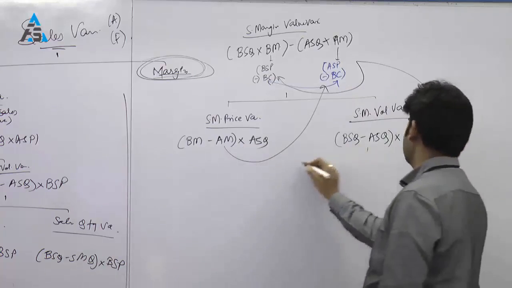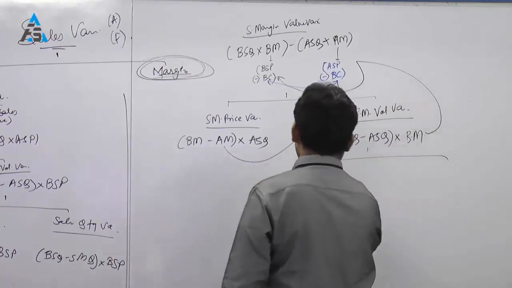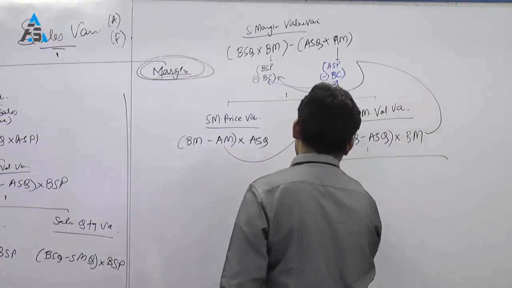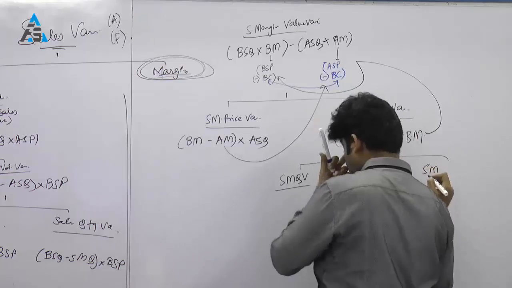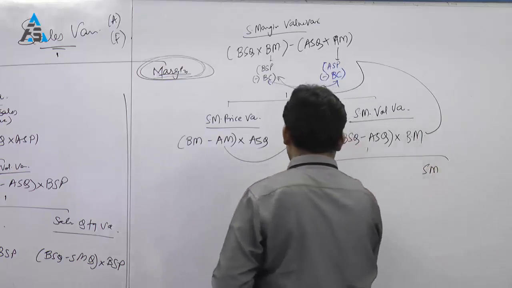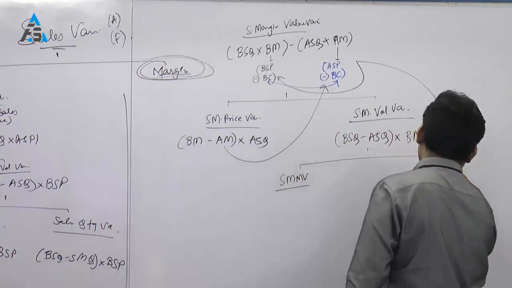Okay? This is further subdivided into sales margin mix variance and sales margin quantity variance.